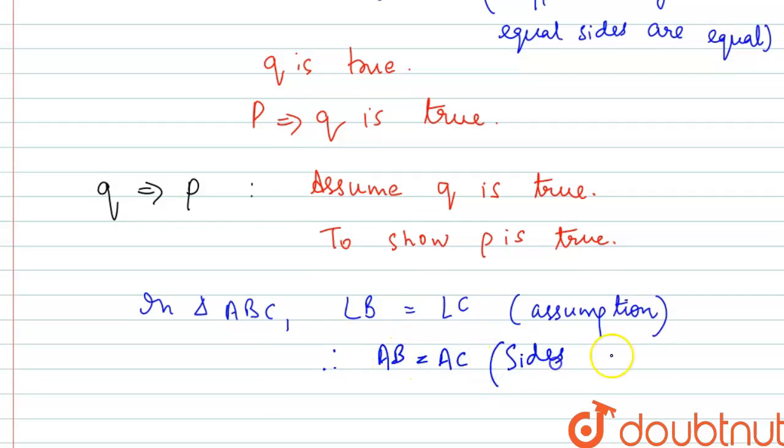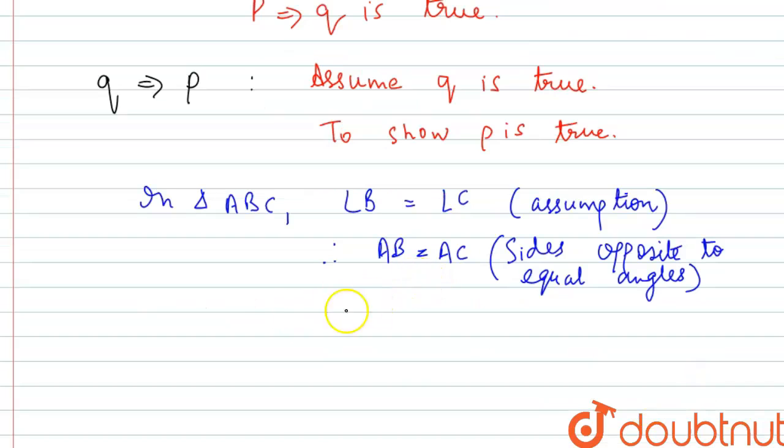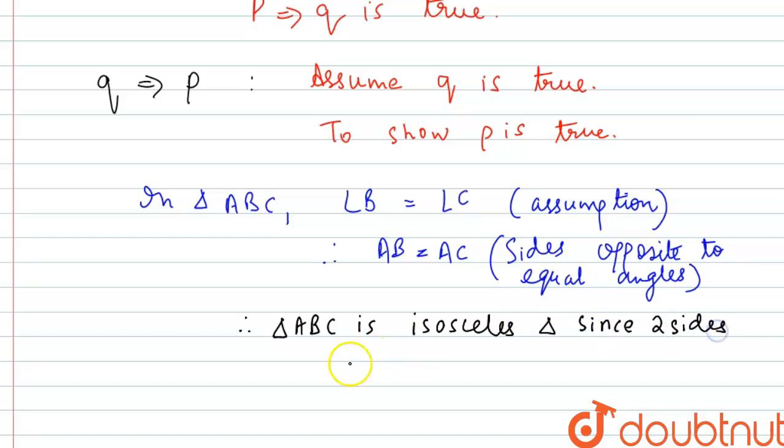Sides opposite to equal angles. So when two sides of a triangle are equal, we can say, therefore, triangle ABC is isosceles triangle since two sides are equal.